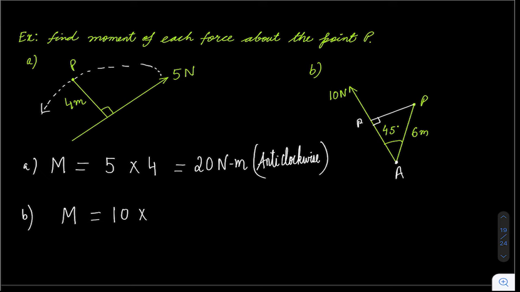Let's take this point as B. We need to find this distance PB. You can use sine theta. So sine 45 degrees will be equal to x over 6. So my x value is 6 sine of 45 degrees. That is my perpendicular distance. So the moment is the magnitude of force into perpendicular distance, that is 10 times 6 sine of 45 degrees.